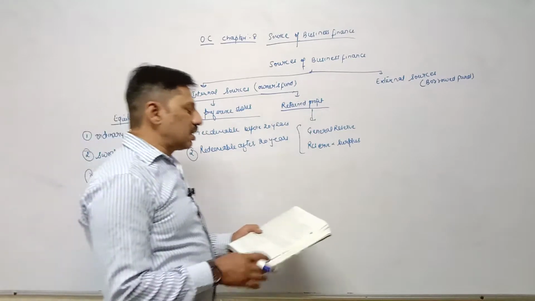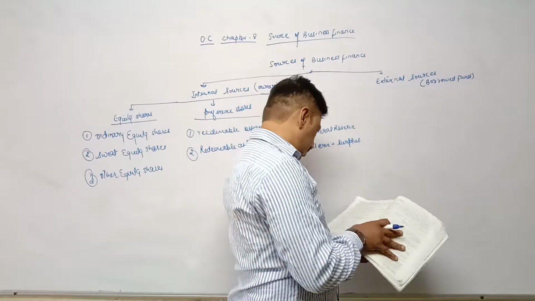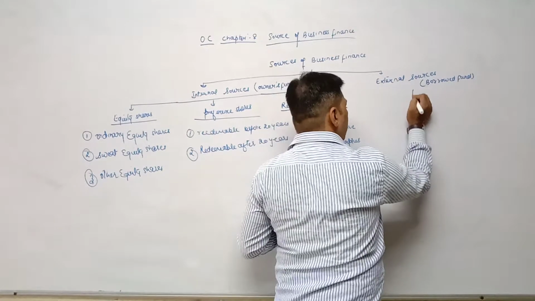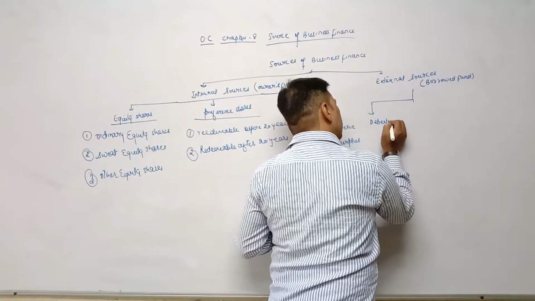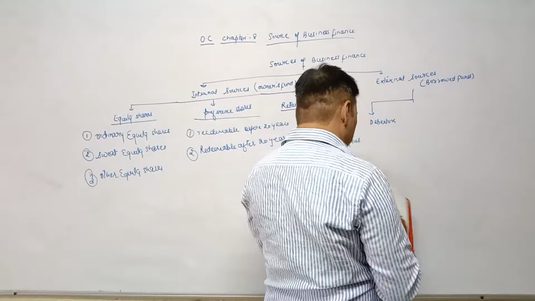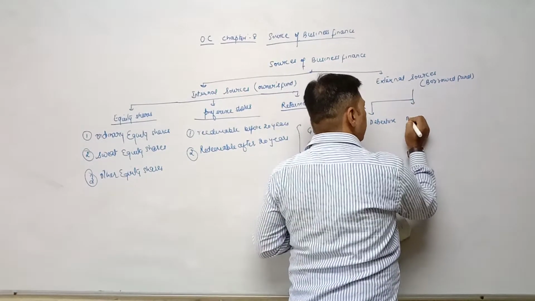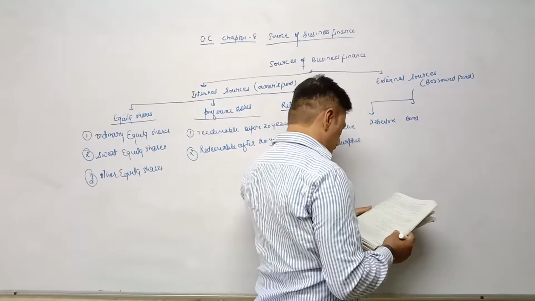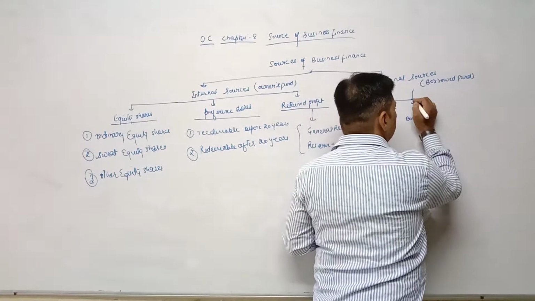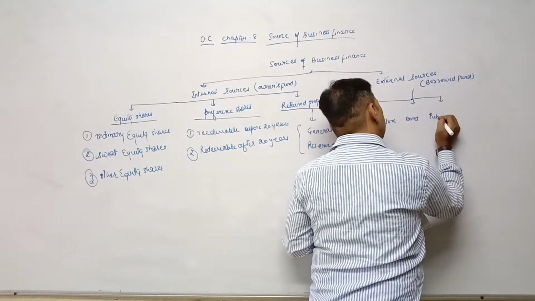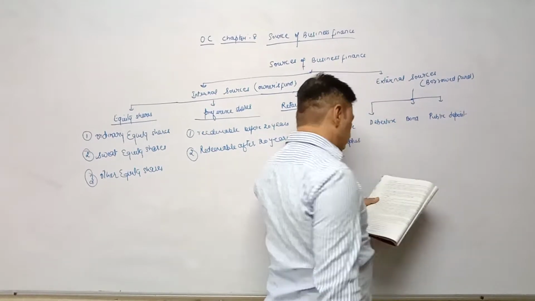Now so far as external sources, these are also of different types, means borrowed fund. In borrowed fund, first one is debenture, according to your textbook. Second one is bond. Third one is public deposit.